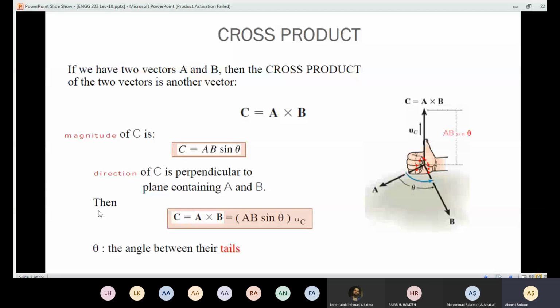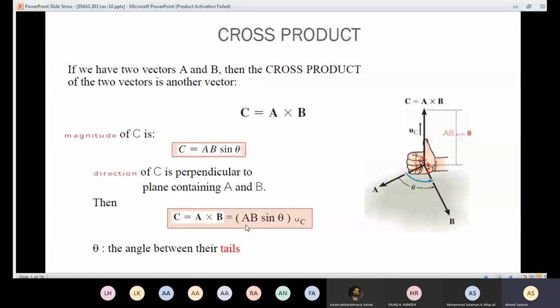And we say that the C vector equals A vector cross B vector, which equals the magnitude times the unit vector. So if you know the unit vector, and you multiply it by the magnitude, you can calculate the C vector.